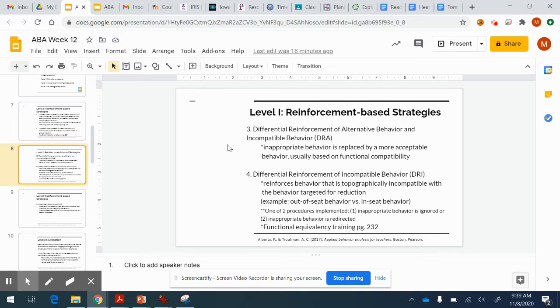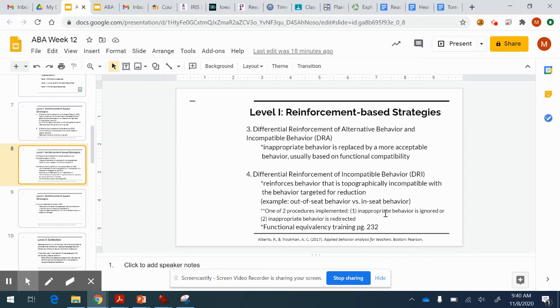However, with DRA, when you're talking about alternative behavior and incompatible behavior, that DRA, this is where you could actually see the inappropriate and the appropriate behaviors at once. With DRI, you're not going to, because they physically cannot be the same.